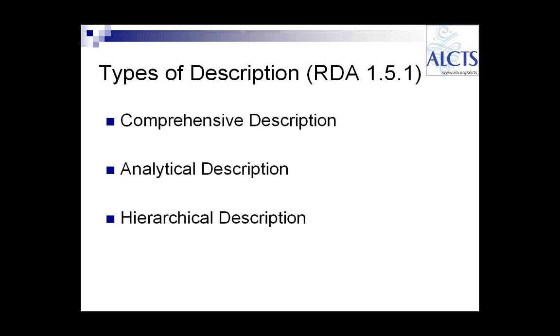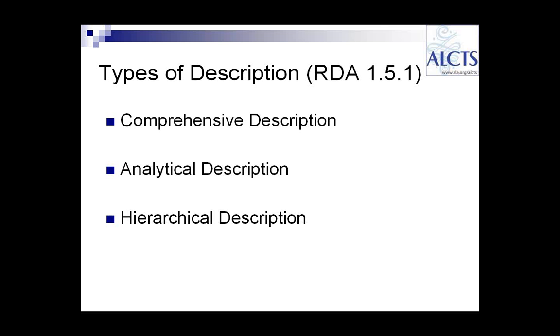Basically, the difference is if you're going to catalog the entire resource, you're going to create a comprehensive description. An analytical description would be if you're going to catalog perhaps just a part or a chapter of a particular resource.